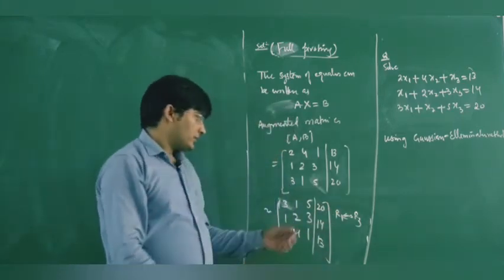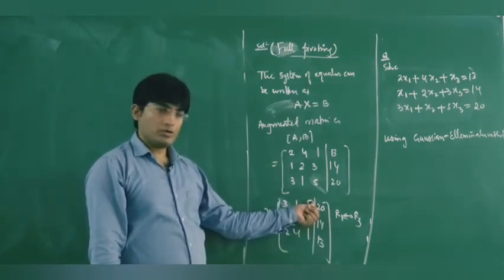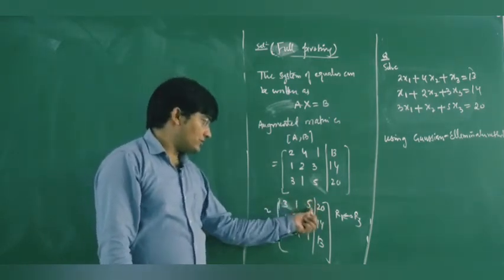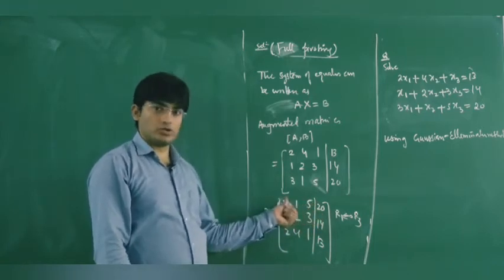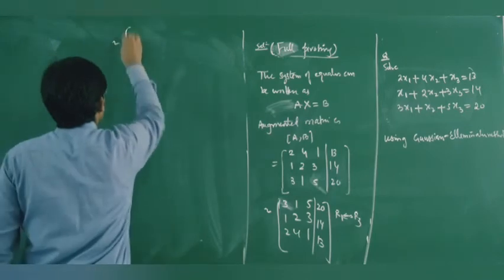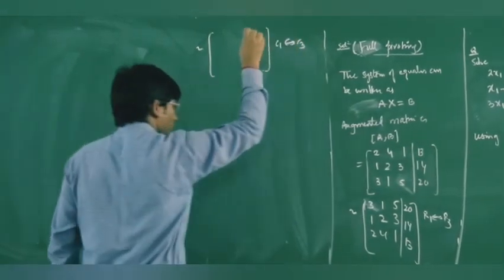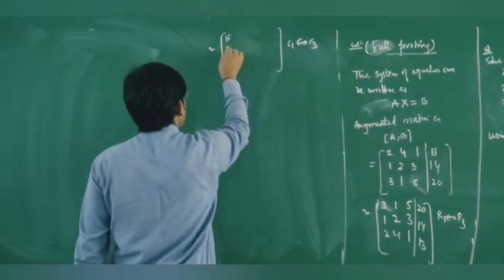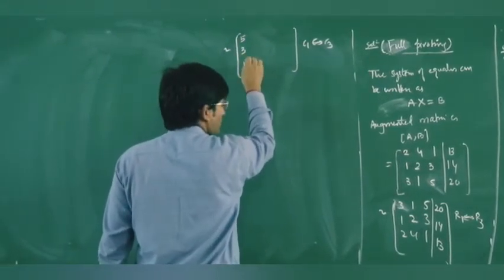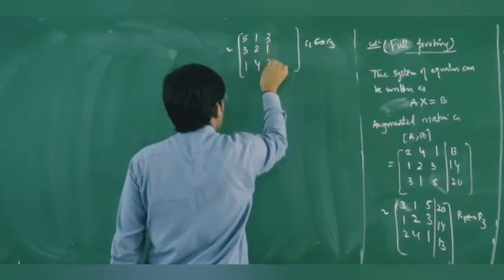Now our largest element is at position A13. Let us bring this element to the first position, so we will interchange column 1 and 3. Interchanging C1 and C3, you can see that this is 5, 3, 1, then 1, 2, 4, then 3, 1, 2.